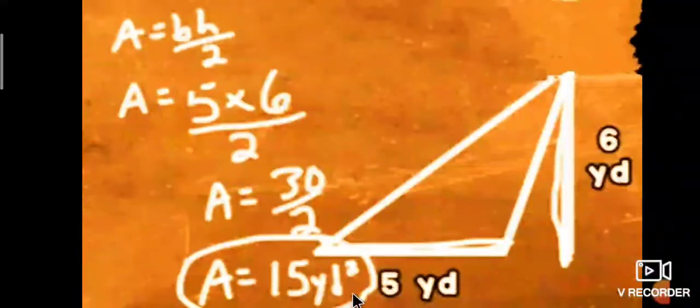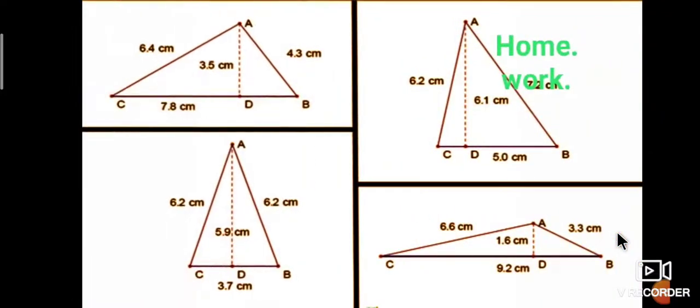Okay, next is the homework problems. Students, write the headlines. Find the area of this triangle ABC. In this one, base is 7.8 centimeter, height is 3.5 centimeter.